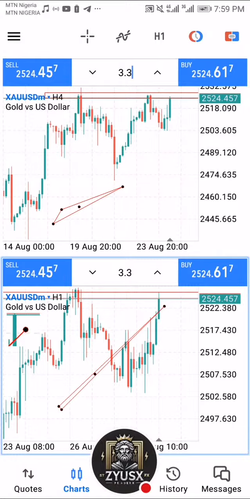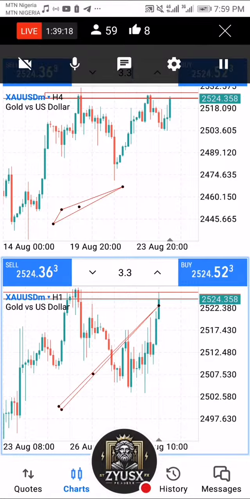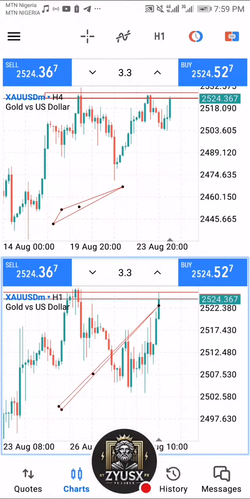One minute before this candle close and a new candle opens. All we are waiting for is for this candle to close, for us to look for a trading opportunity for sales.